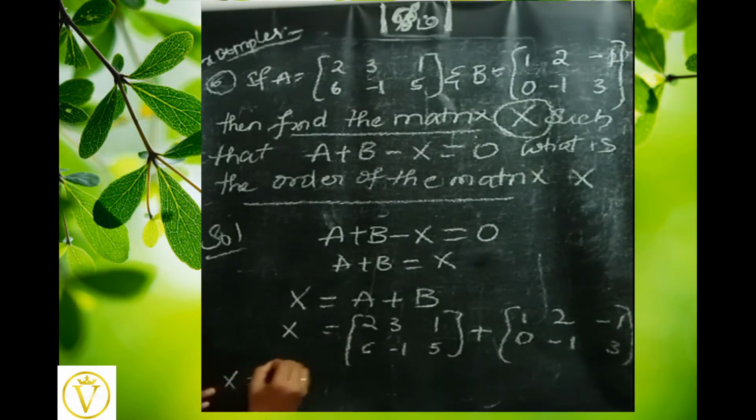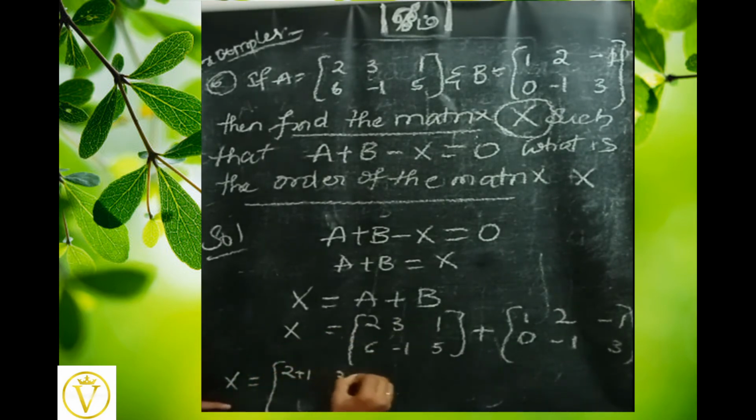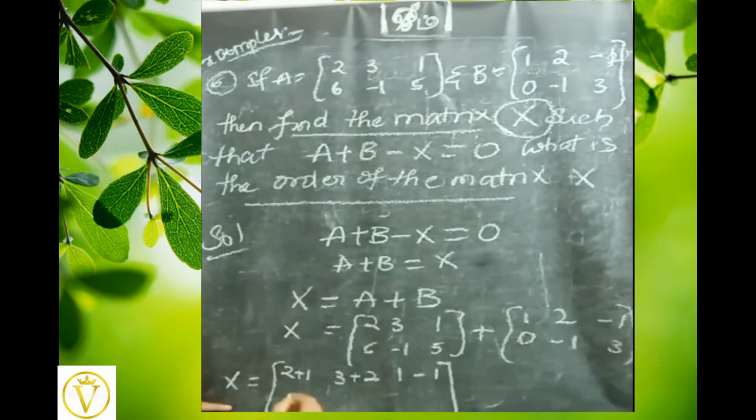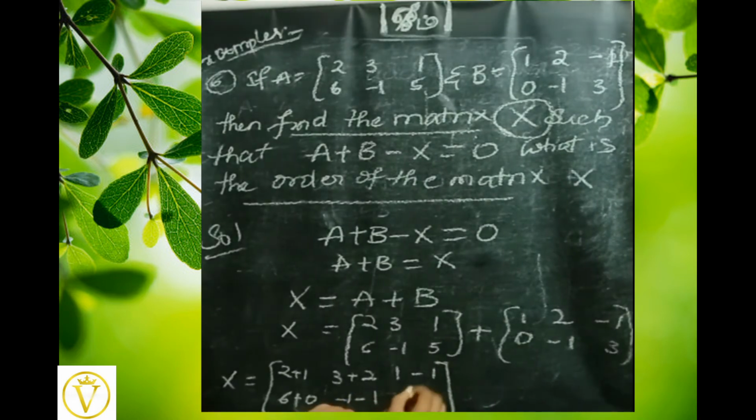So X equals, we have to add 2 plus 1, 3 plus 2, 1 minus 1. Here plus into minus, minus 6 plus 0, minus 1 plus into minus, minus 1. So 5 plus 3.